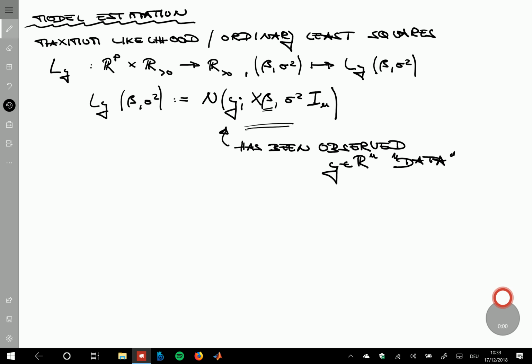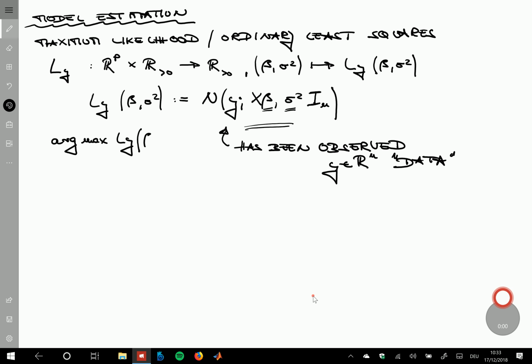So we try to actually find the arguments that maximize the likelihood function here. And these arguments we call maximum likelihood estimates.